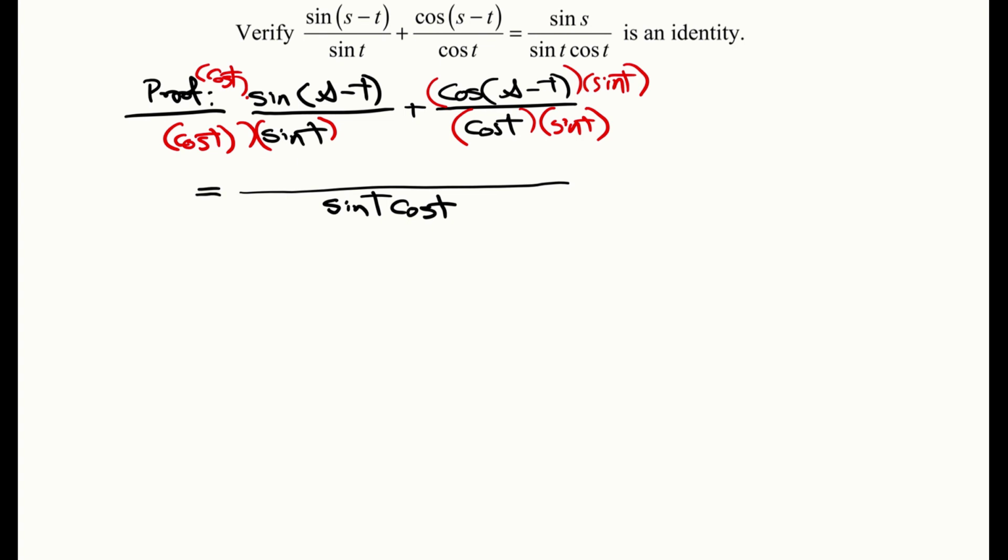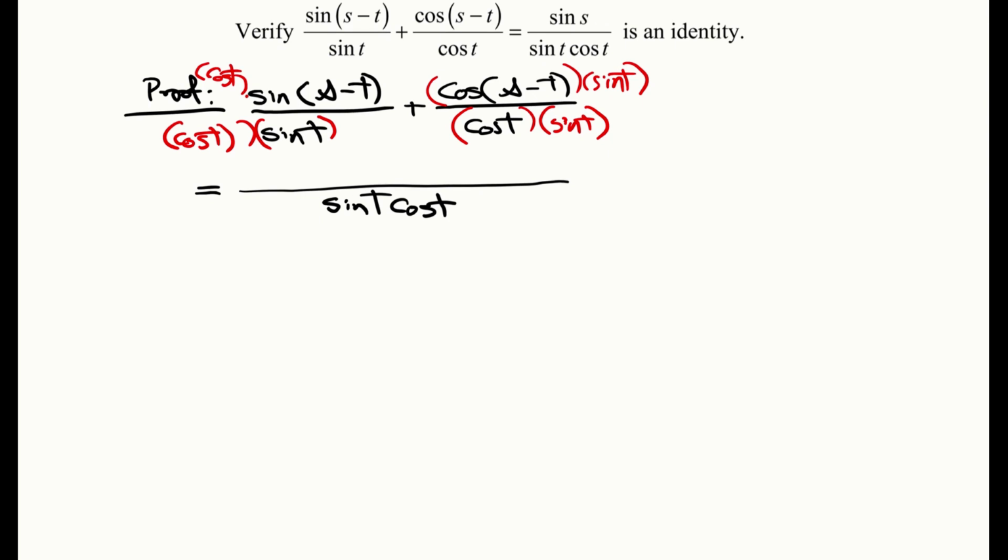So here we end up with cosine t times sine of s minus t plus sine t times cosine of s minus t.